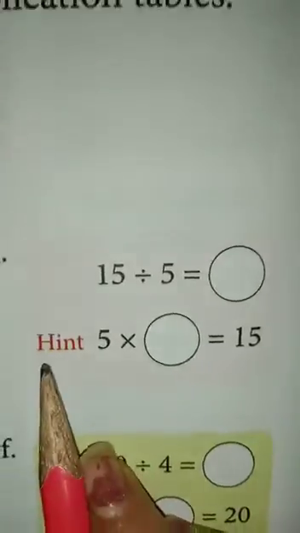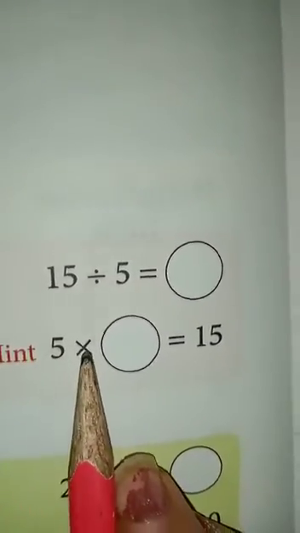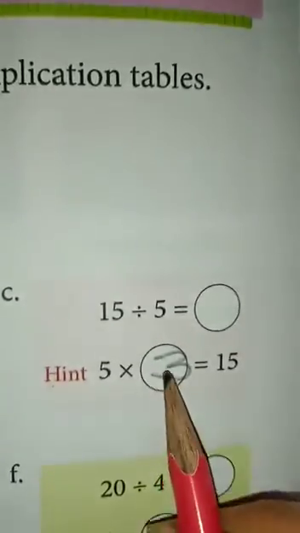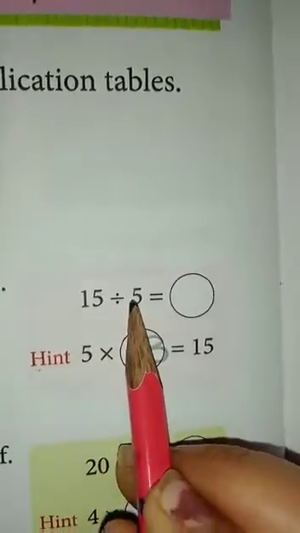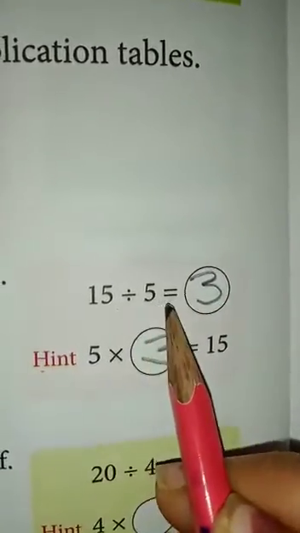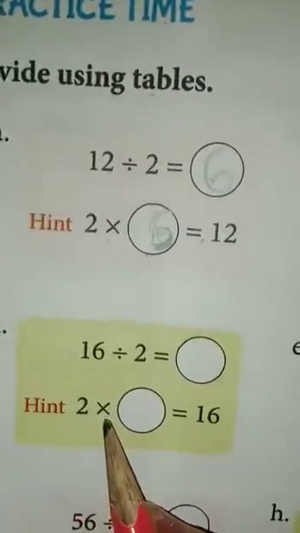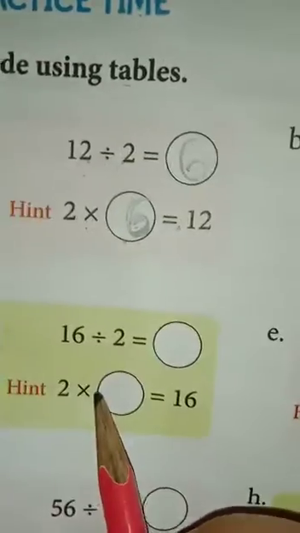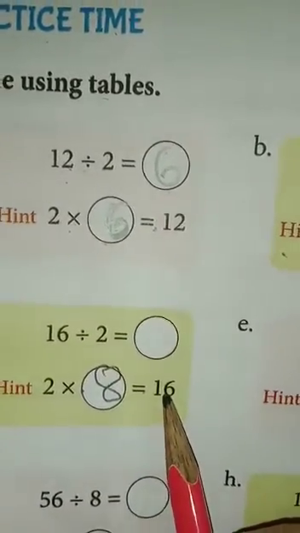So students, let's see the next example. Here the hint is given, 5 into blank is equal to 15. 5 threes are 15. So 15 divided by 5 is equal to 3. Next example, the hint: 2 eights are 16.